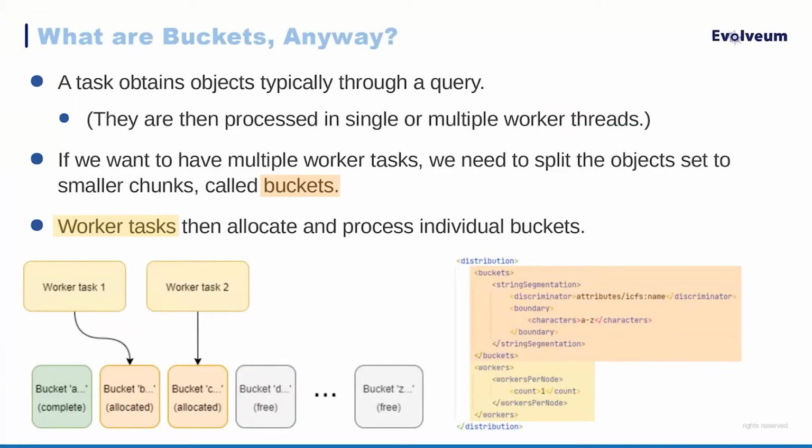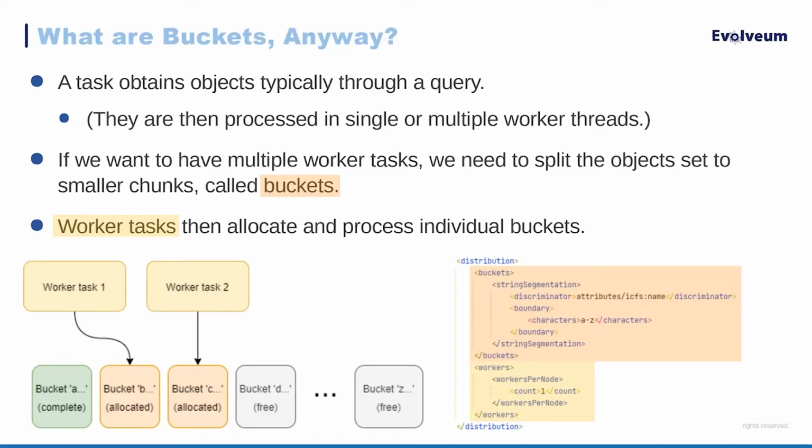Then it receives those objects and processes them either in single or multiple worker threads. But if we want to distribute the processing across the cluster, we need more worker tasks executing independently of each other. So we have to split the whole object set into smaller pieces that can be retrieved individually by the tasks. And these pieces are called buckets in MidPoint.